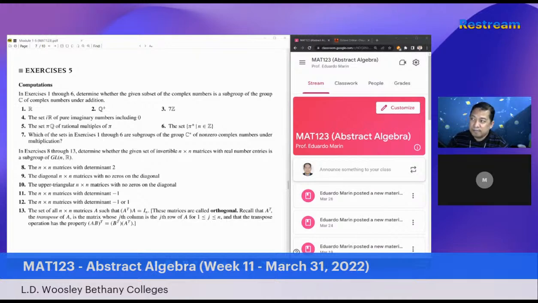Okay, is there an identity element? Isn't it 0 also? Is there a 0 in number 5?